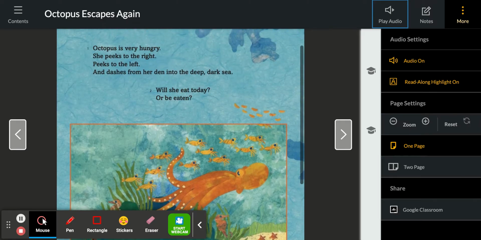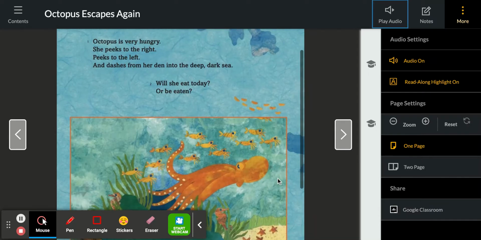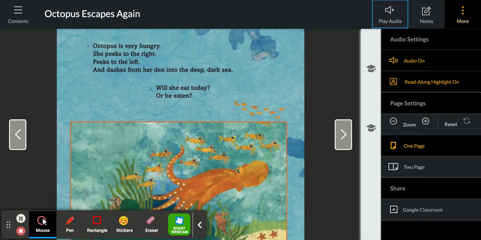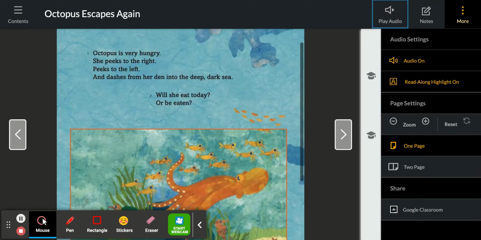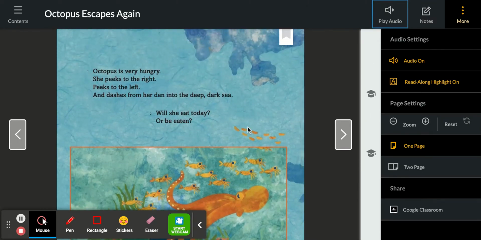Okay. So, as we can see, we know that this story is about an octopus, and maybe you've even made a prediction as to what it's going to be about. And if we think about the text and graphic features that we already see here on this first page, you can probably figure out what the story is about, right? We have the illustration of the octopus. We even have the setting.